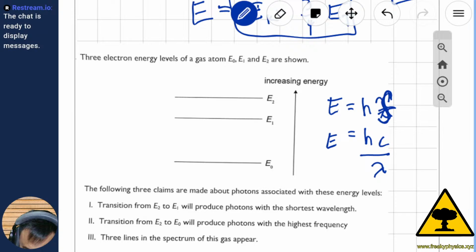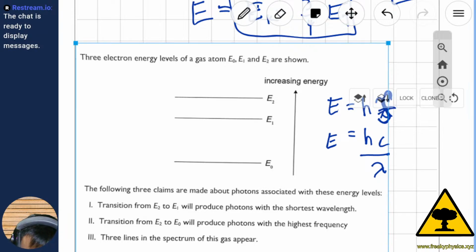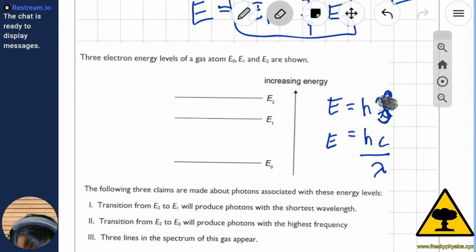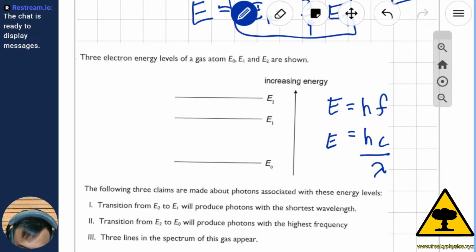Let's lock that so I can erase this a bit. So going back to this, what does this particular equation mean here? So remember, this is increasing energy. Let's take a look at these three, transitioning from E2 to E1 first.